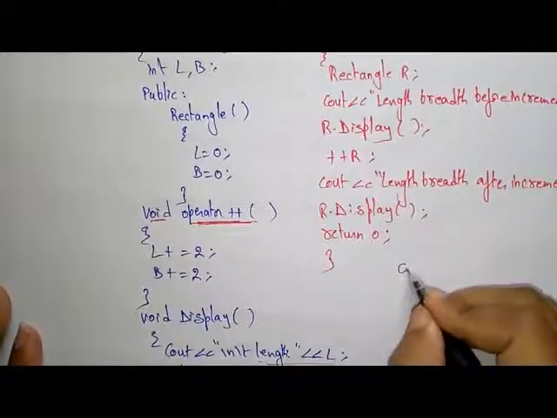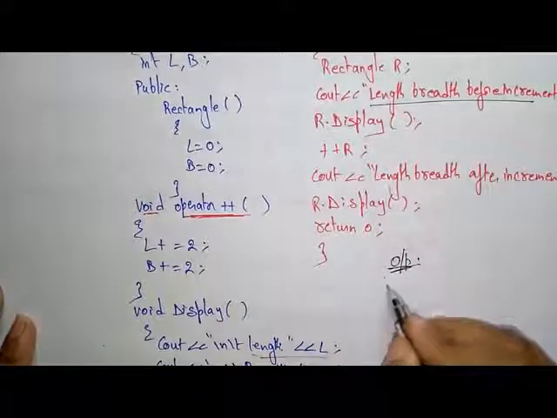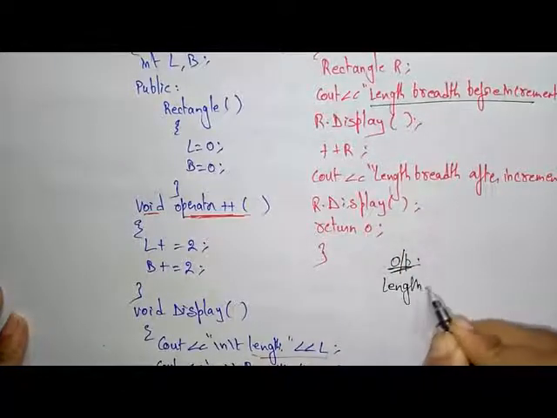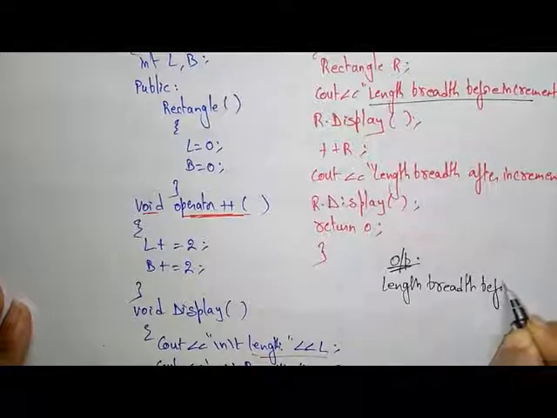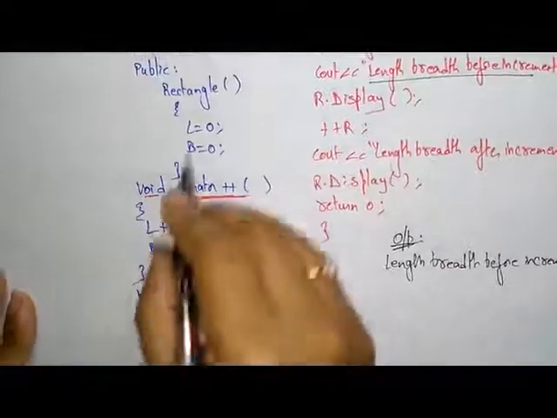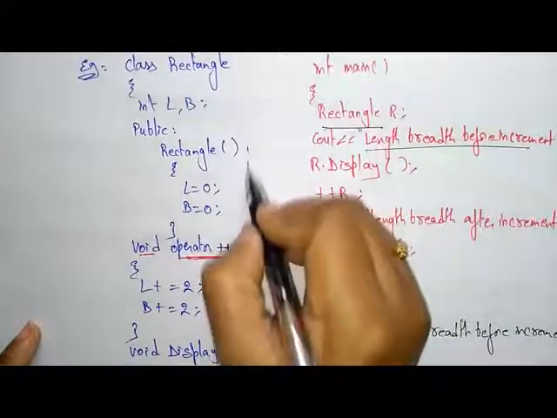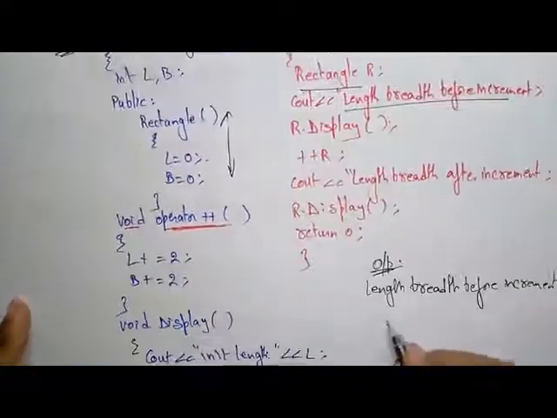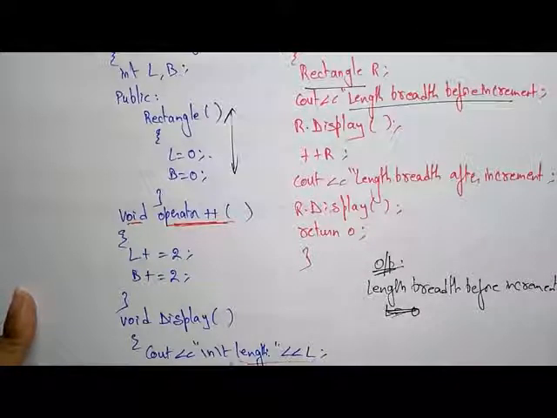Then what will be the output now? Output is, first it prints length, breadth before increment. So what will be the values before increment? Whenever I declare an object, after that it enters into this function. So it prints L is equal to 0, that is the length. So I declare it as length.